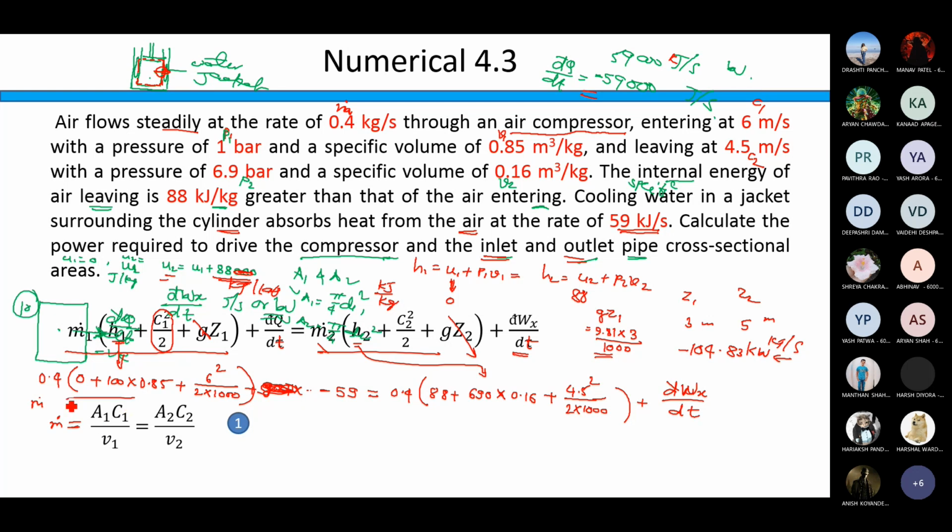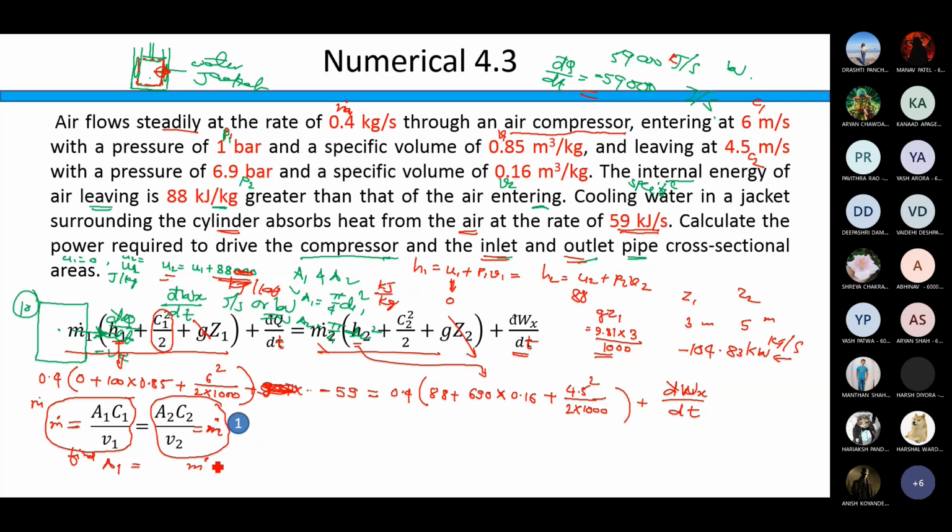Now from this you can take this part and find area A1, and you can take this part, it is m dot, so find out area A2, or you can take these two and still be in a position to find out the area A2. That's fine. Find out area A1 and A2 and tell me the values.